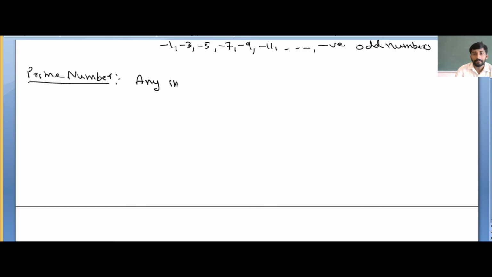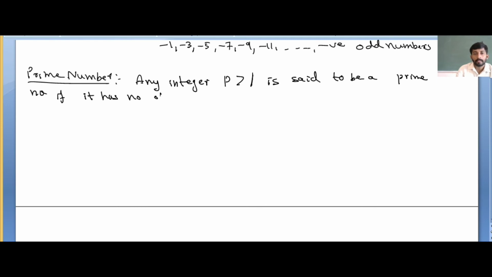Any integer p greater than 1 is said to be a prime number if it has no other divisor except 1 and itself.